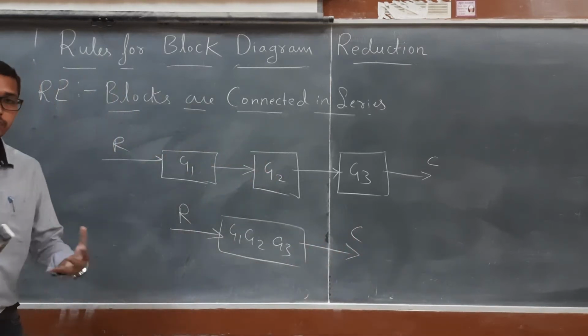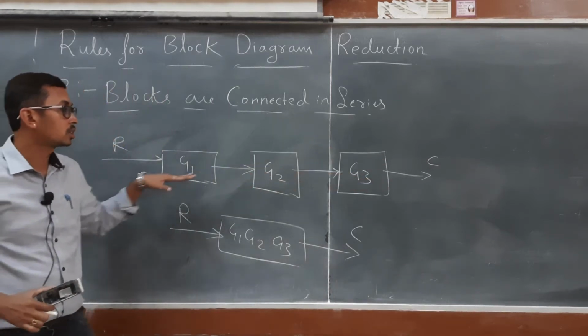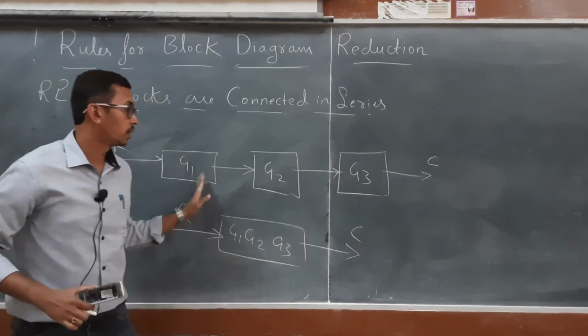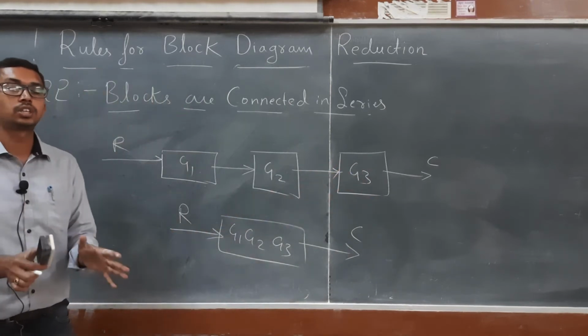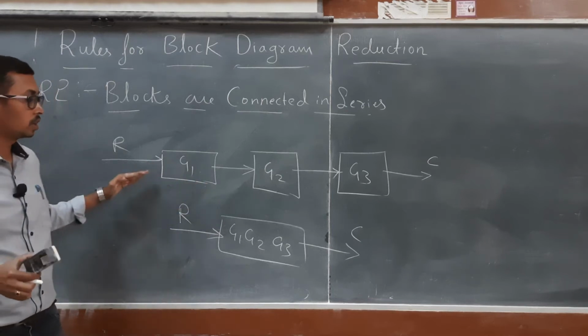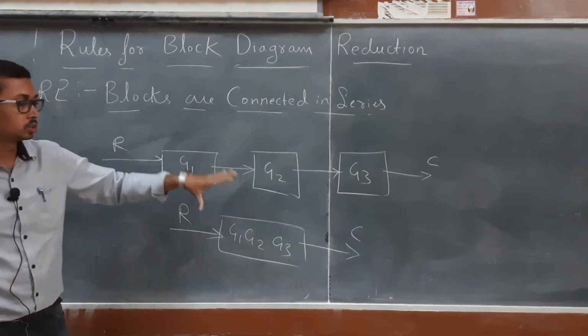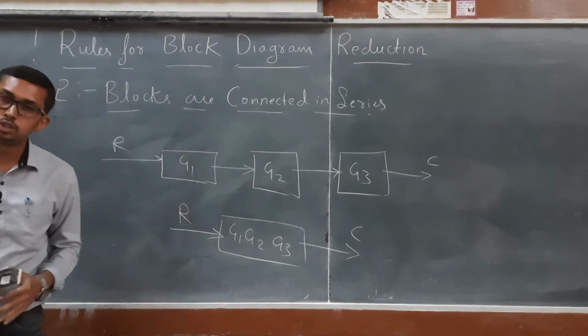So if in a problem the blocks G1, G2, G3 are in series, we can multiply all the transfer functions and reduce it to this one. So this is rule number 2.